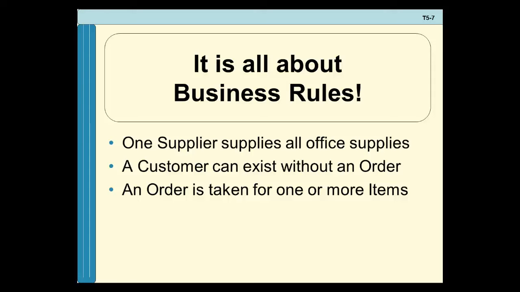We keep a database of customers in our business, and some of those have actually ordered from us, and some have never ordered from us. Well, are they a real customer? Yeah, they're a potential customer. So we want to treat them as a customer. We want to send out news releases to them. We want to send out discount coupons to them.